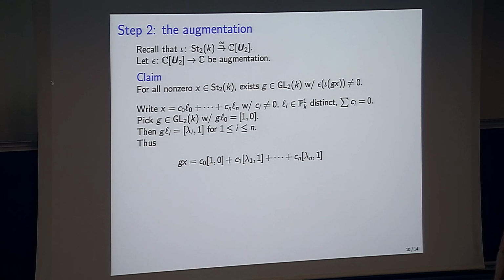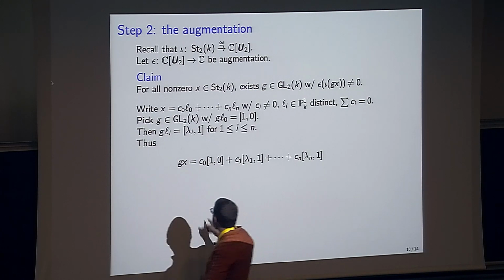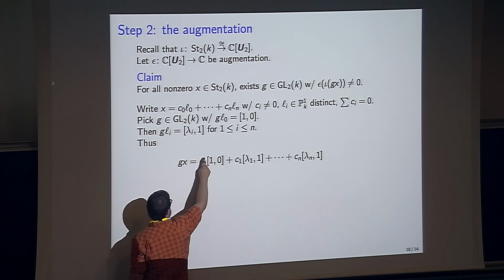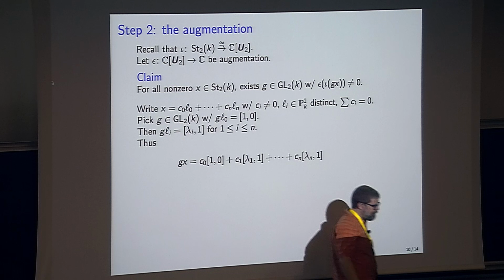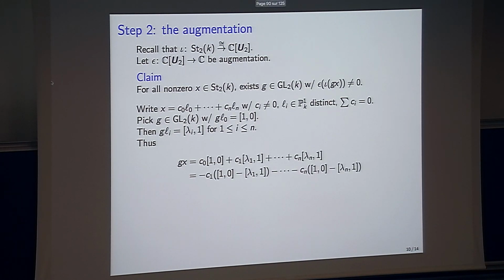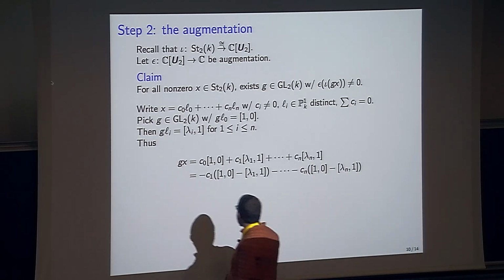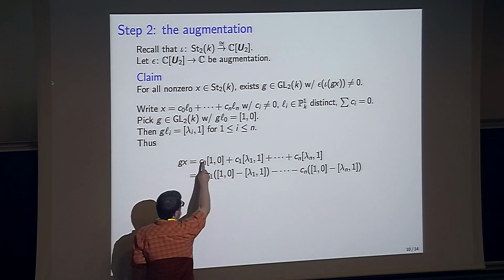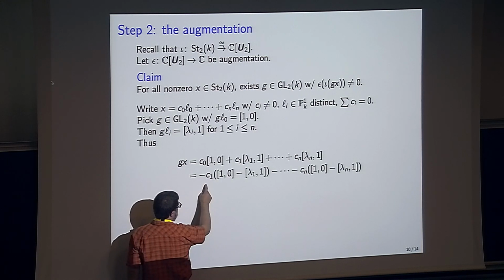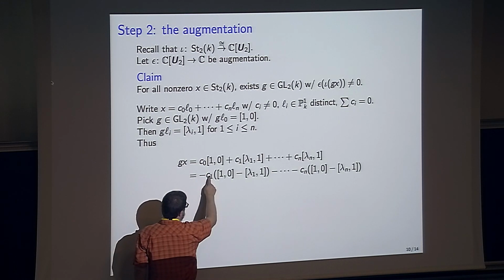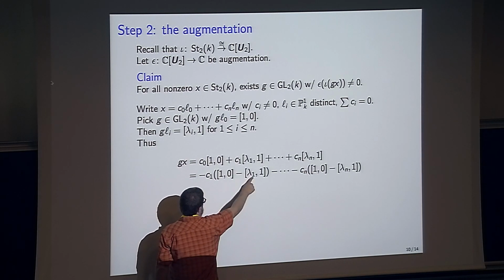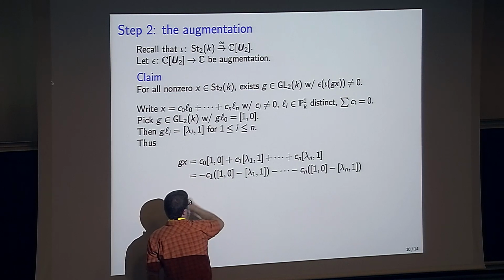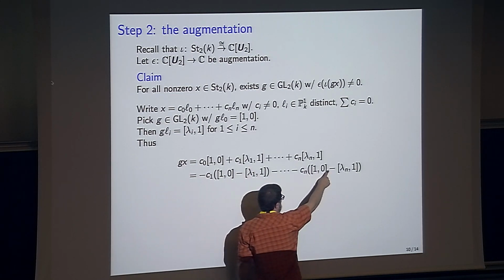And so what does g x equal? g x is equal to something like this. It just takes the first thing to (1, 0). Then we have lambda_1(1, 1) up to lambda_n(1, 1). And if I rewrite this in terms of my basis, what is this thing? Well, remember the sum of these coefficients, the c_i, is 0, and so therefore this is the same thing as c_1 times this minus that, up through minus c_n times that.